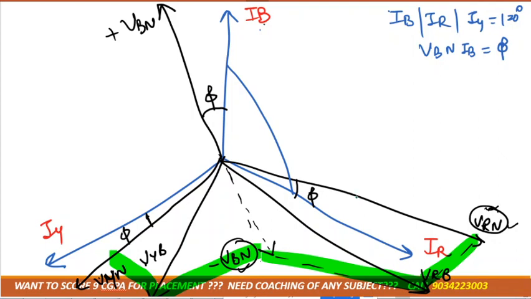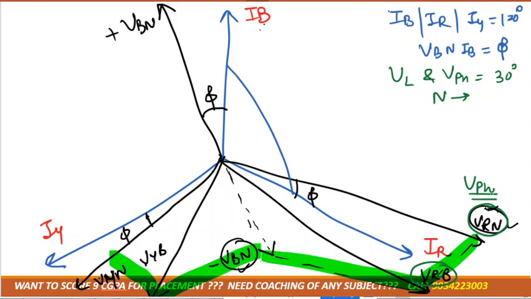Now see, the angle between phase voltage and line voltage is always 30 degrees, as you know. The angle between line voltage and phase voltage is how much? 30 degrees. So can we say that VRN is the phase voltage? Wherever N comes, that is the phase voltage. And VRB is the line voltage, right?